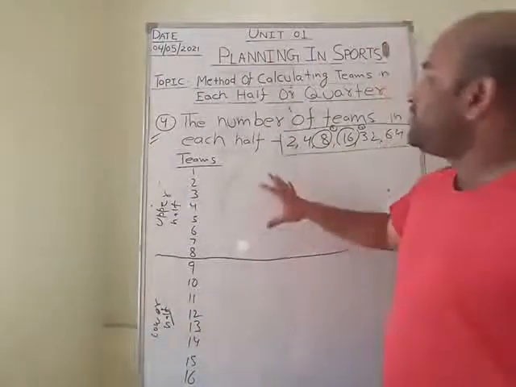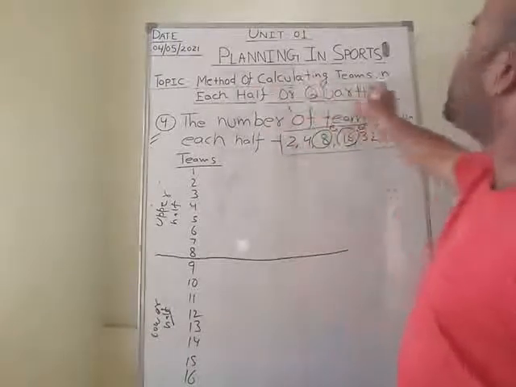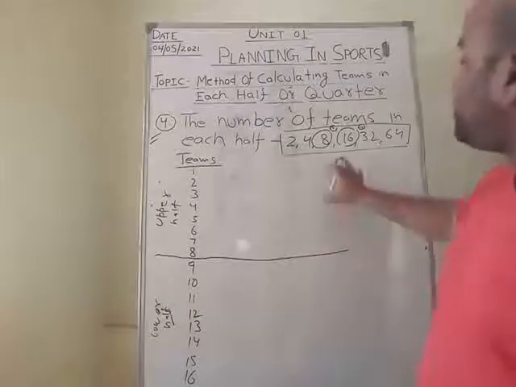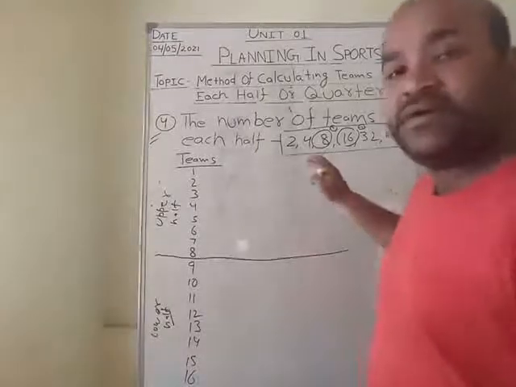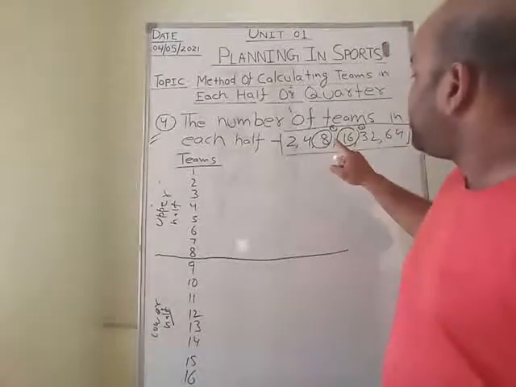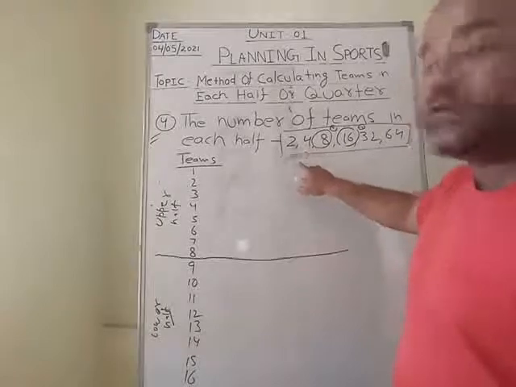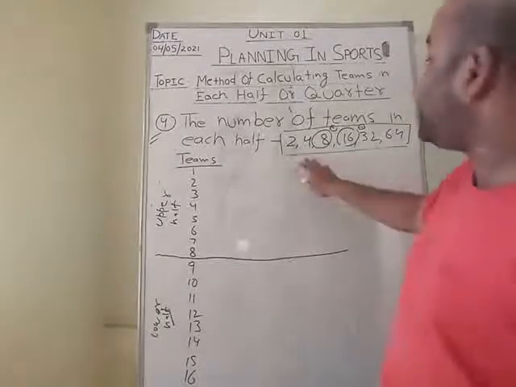So this is the topic related to the method of calculating team in each half. First, I am giving the factor teams 2, 4, 8, 16, 32 and 64. There is no problem.